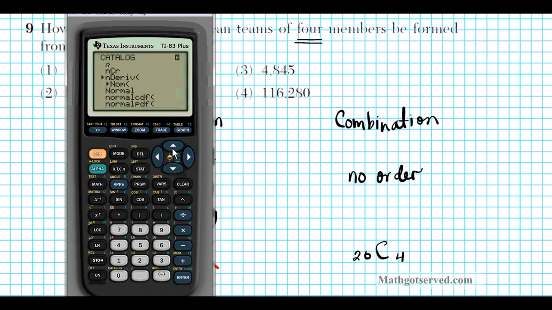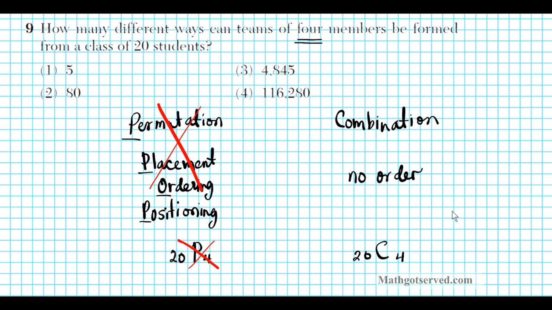And then nPr is for permutation. So this is what we want. N, so 20 is n, r is 4. So choose 4, enter. 4,845 different groups of 4, okay? So that's our answer. 20 choose 4 is 4,845. Our answer is option number 3.